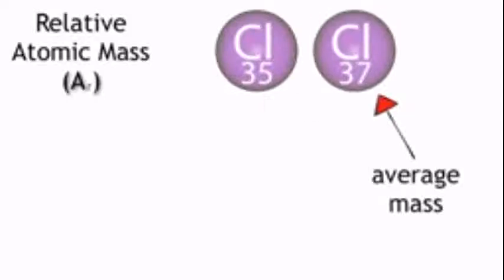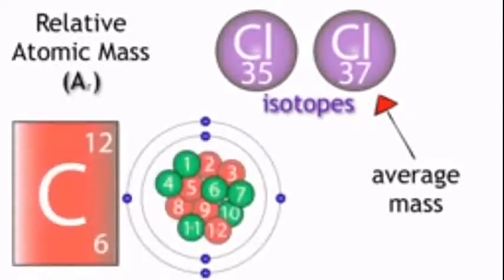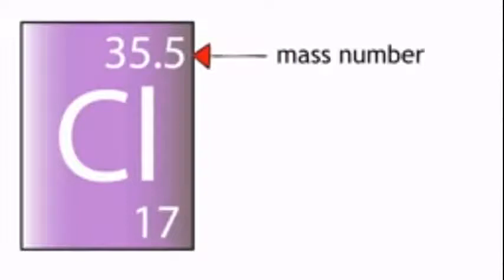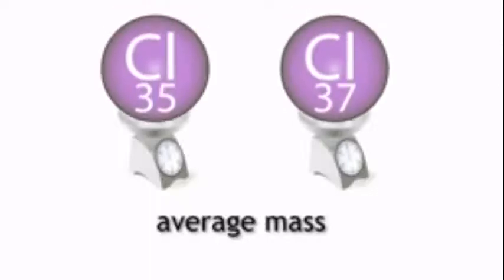The relative atomic mass of an element is defined as the average mass of the naturally occurring isotopes of the element relative to the mass of an atom of carbon 12. On the periodic table, it is the same number as the mass number. In basic terms, it is the average mass of the isotopic forms of the element.